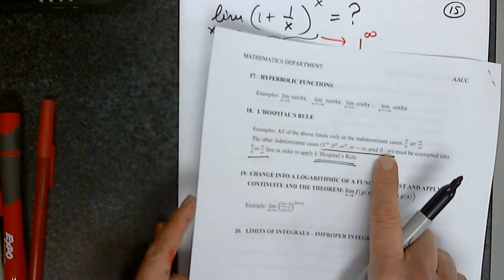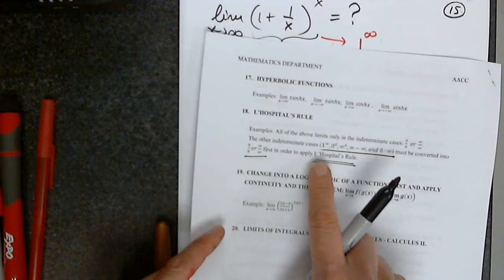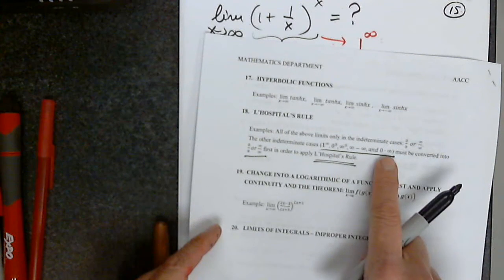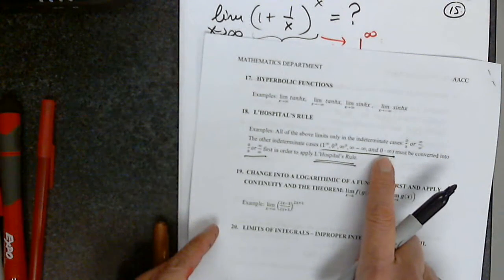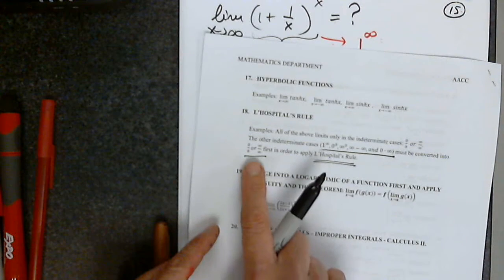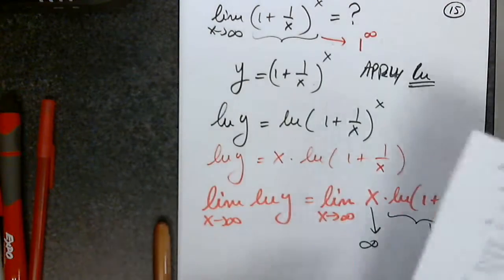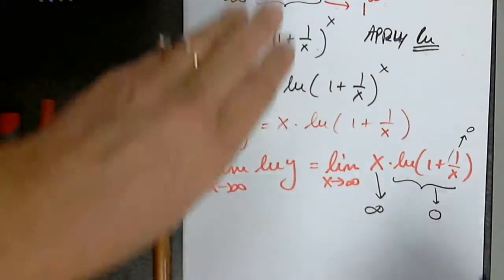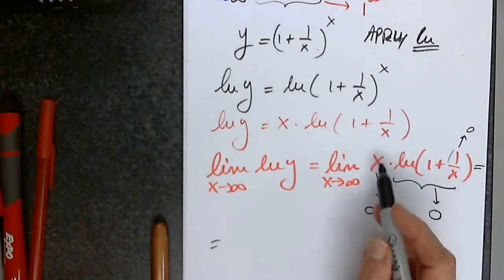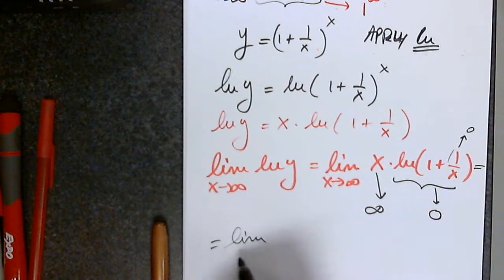So what did you do? Nothing? I accomplished a lot. Changing this into this brings me closer to changing it into one of these two forms and applying L'Hopital's rule. So algebraically, I'm going to manipulate this, and you'll tell me whether it's the same.